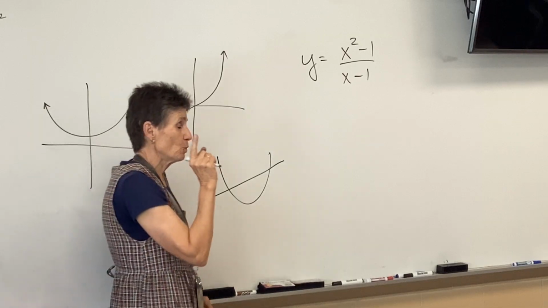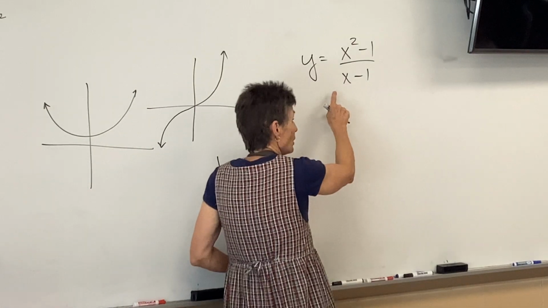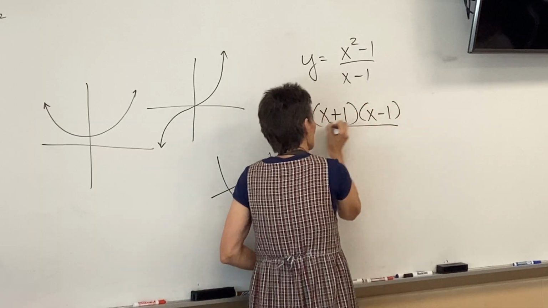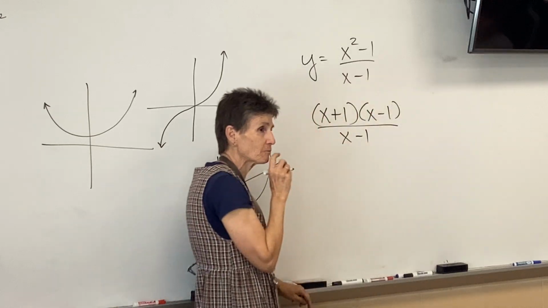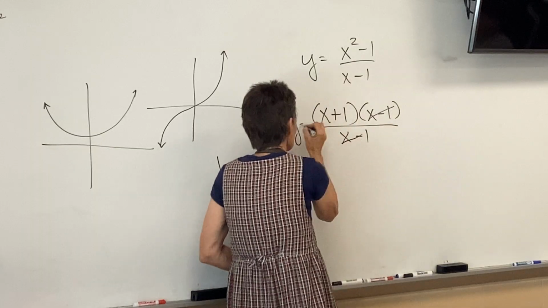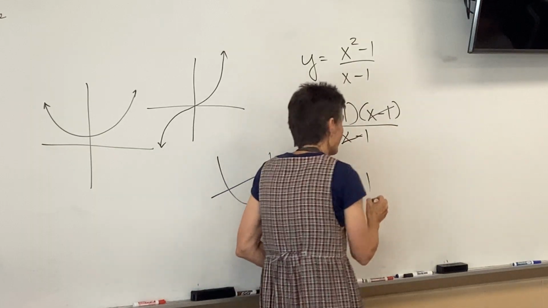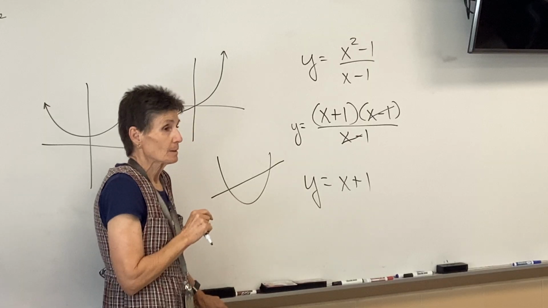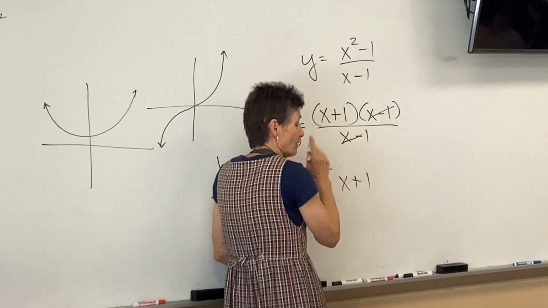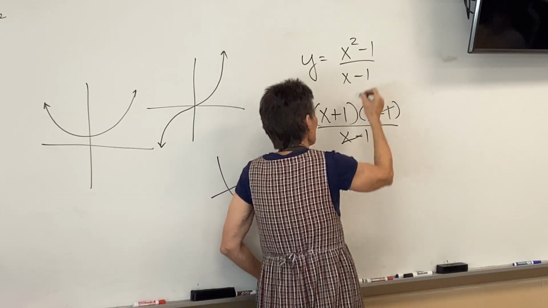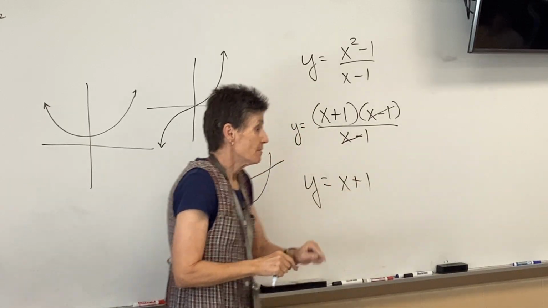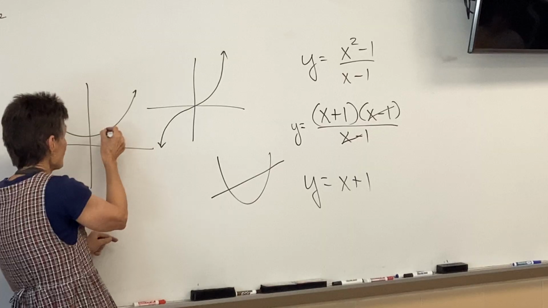So, if you look carefully though, you will notice that you can factor the top, and what will happen after you factor the top? These will cancel, and you no longer have the issue, right? Now, that is called a removable discontinuity because you removed the issue. The issue was x can't be 1. That means you couldn't draw the whole thing because you can't draw at 1.